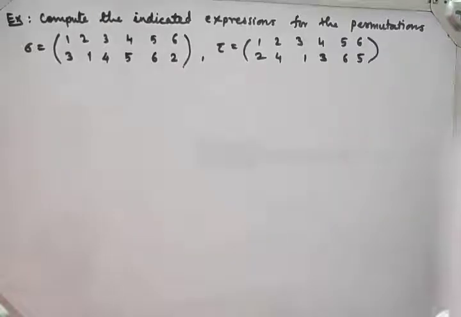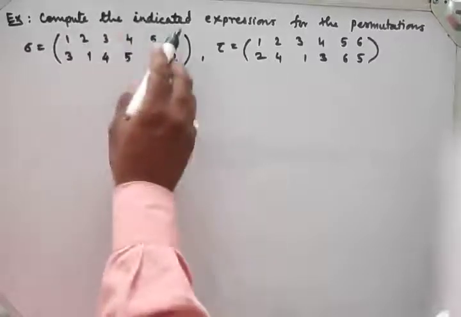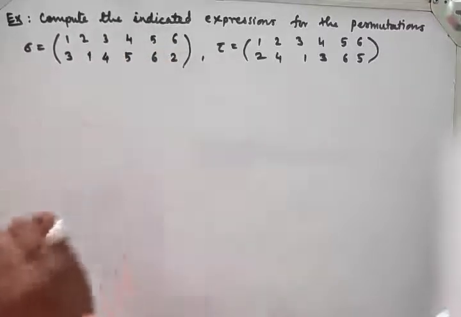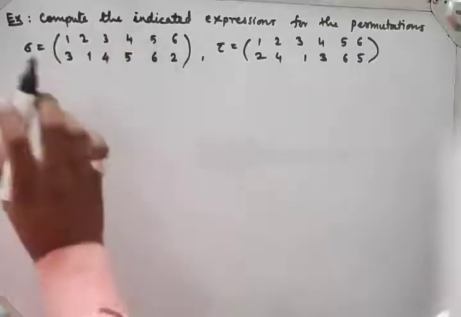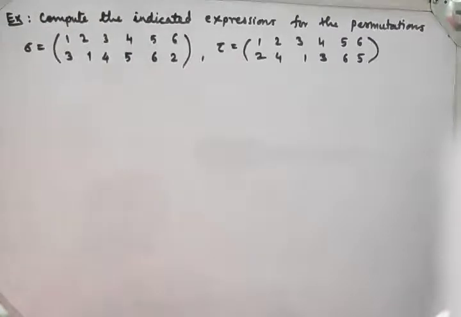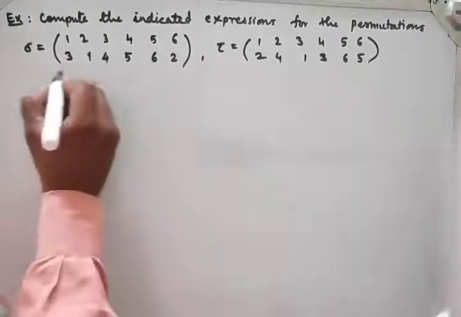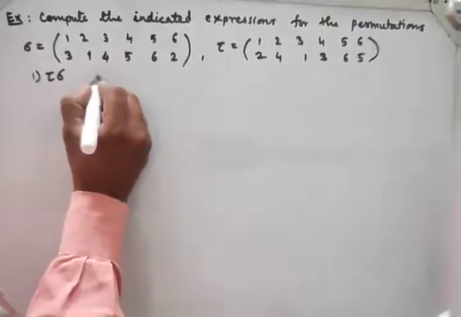So this is a permutation. A permutation means there exists a one-one and onto function between these two sets. Every element in set A has exactly one element in the codomain, and every element in the codomain has a pre-image in A, right? So this is a one-one and onto function.